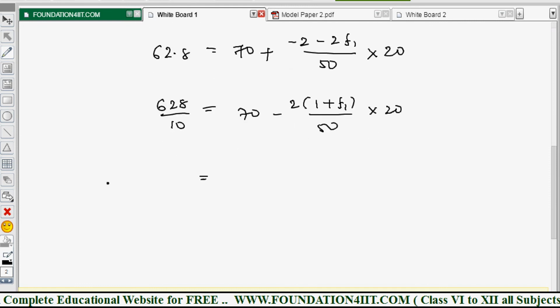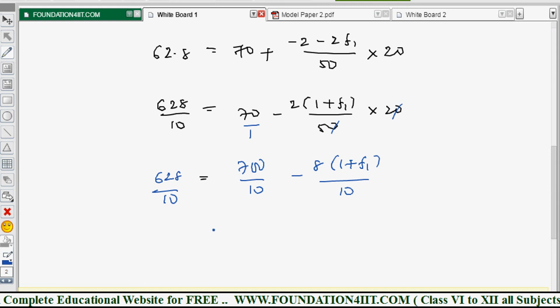Then you can cancel the 0, and the 2 gets cancelled. Again, if you do the LCM, 628 by 10, 70 means 70 by 1. Taking 10 as the LCM, 700 by 10 minus 8 into 1 plus F1 by 10.